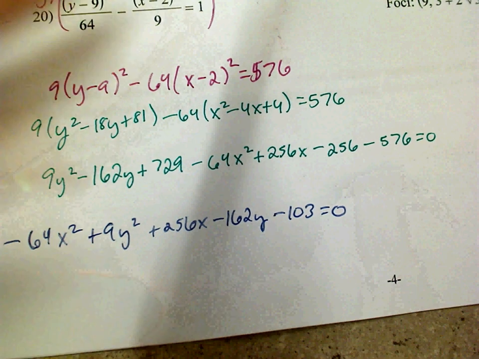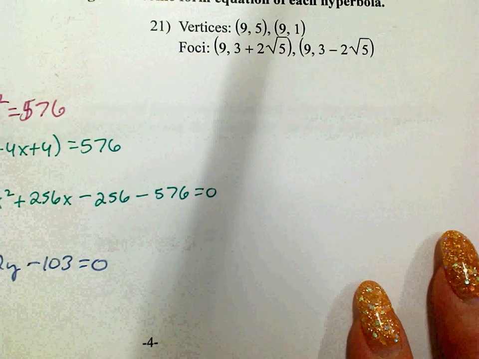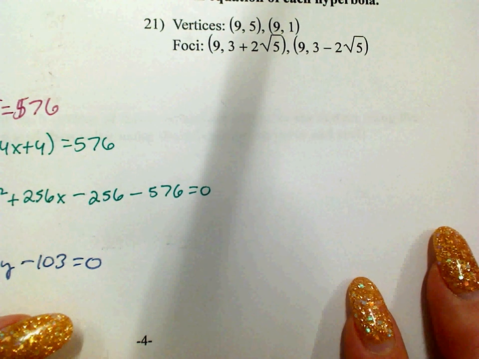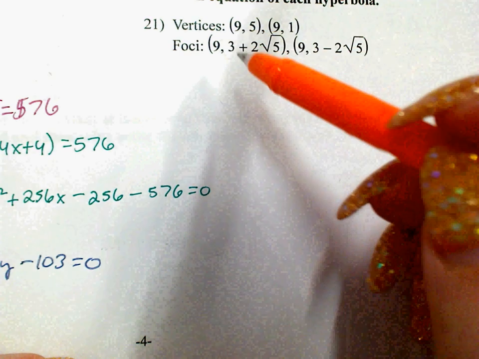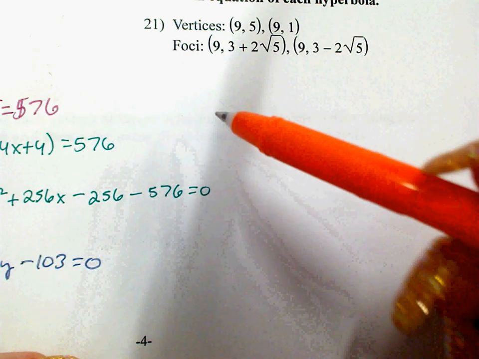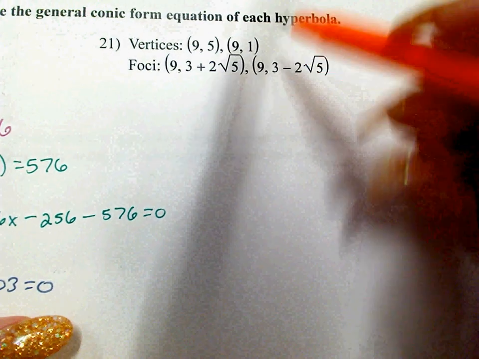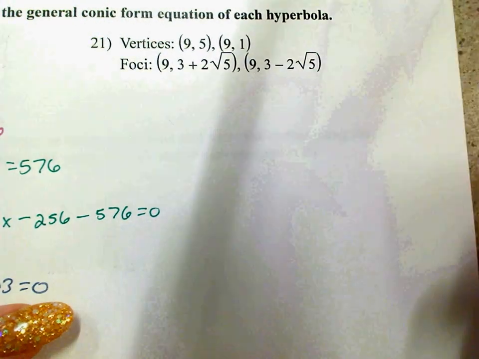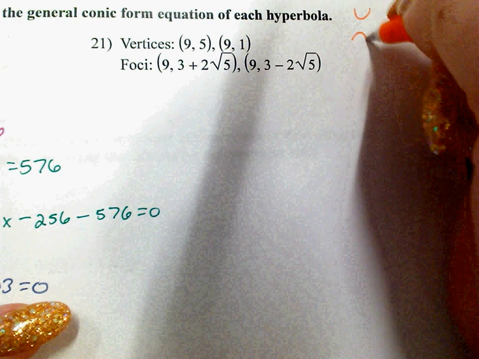All right, let's do number 21. We've got vertices (9, 5) and (9, 1). So we're going to have to start from the information and put it in standard form, and then from standard form go to general form. This leads me to believe that this is a vertical hyperbola.